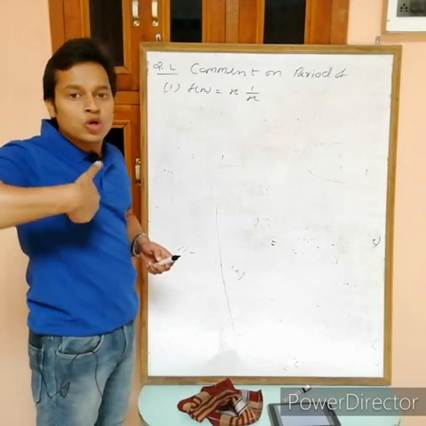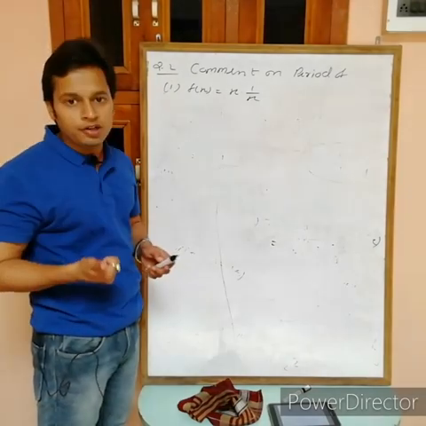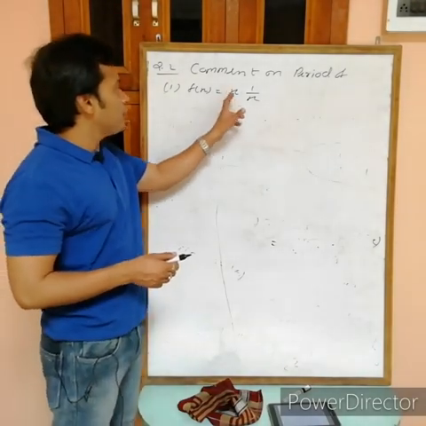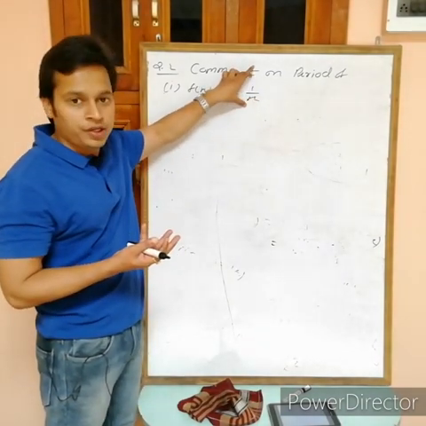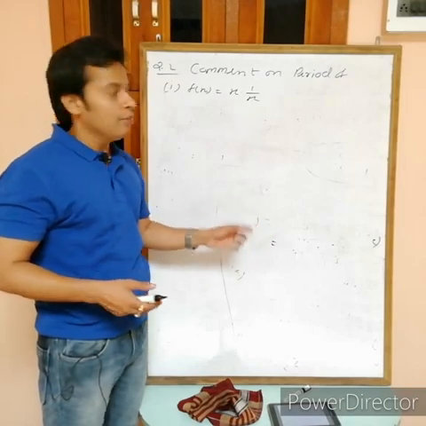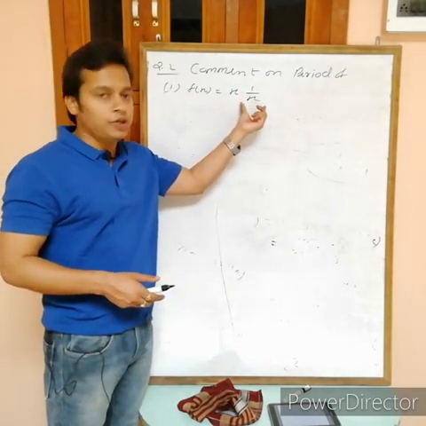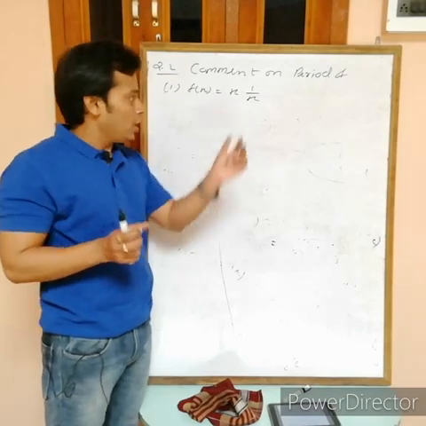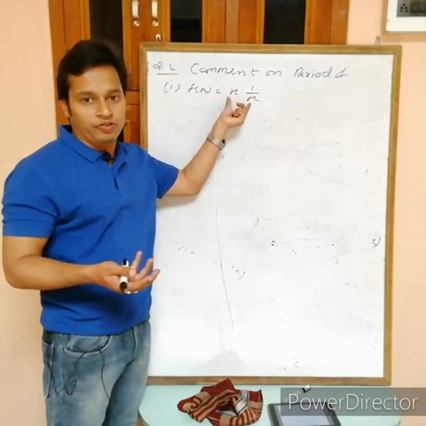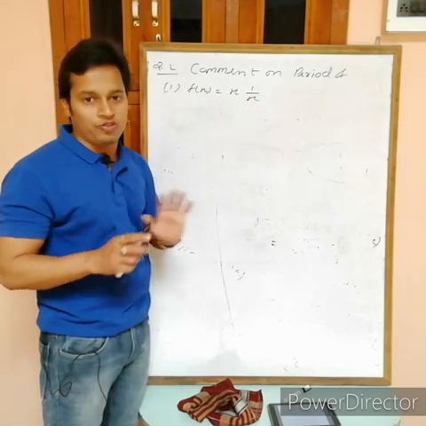But you can't take those values of x for which the function is not defined. If x becomes 0, then this becomes infinity, so you can't take x equal to 0, because this function is like f(x) into g(x), so you can't take any value of x for which either of these two functions is not defined, and 1 by x is not defined at 0.